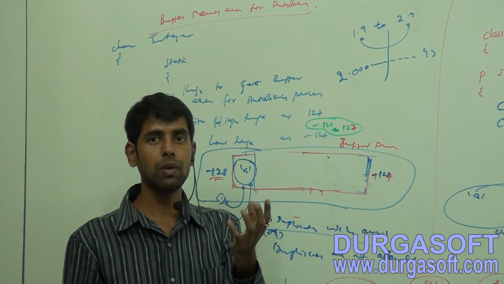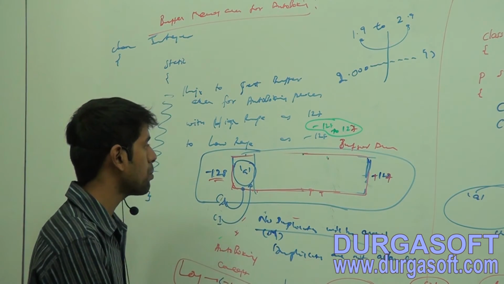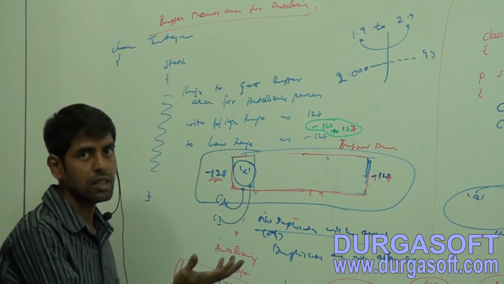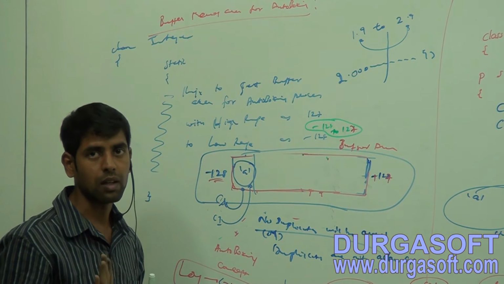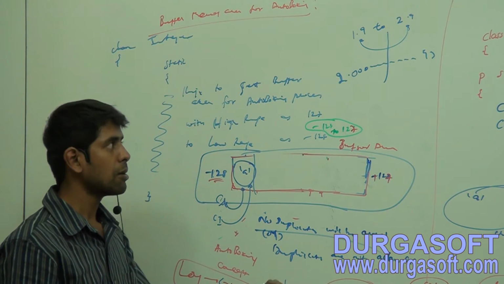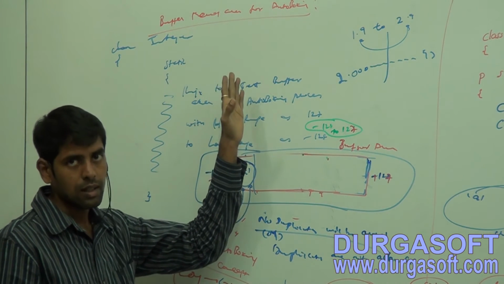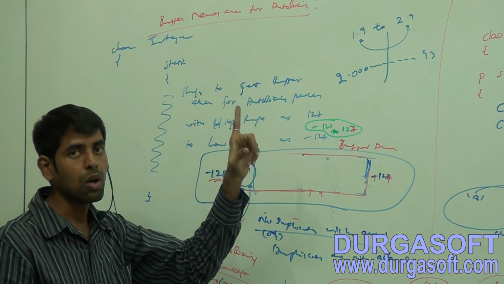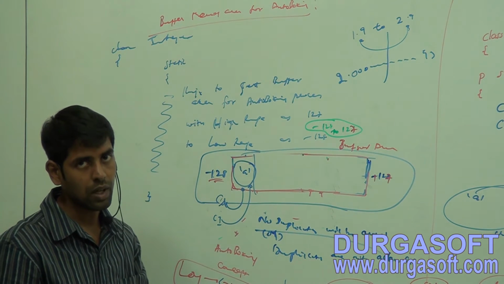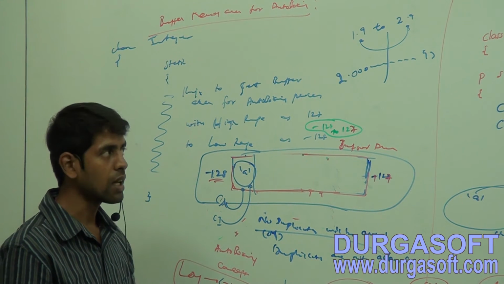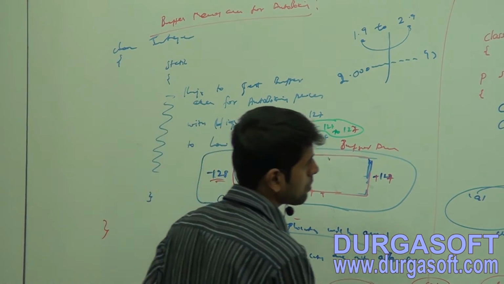For that many fraction values I cannot maintain blocks, that is, memory. So that's why this buffer memory area concept is not applicable for float and double wrapper classes.